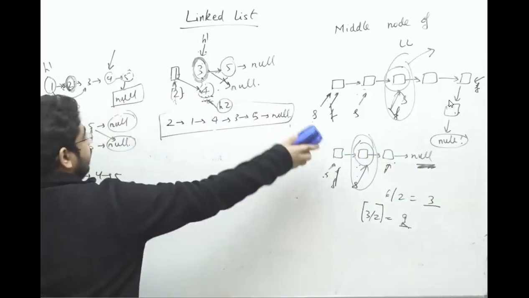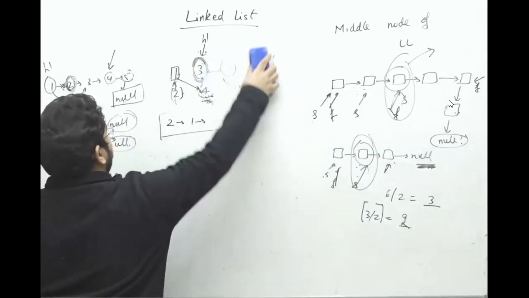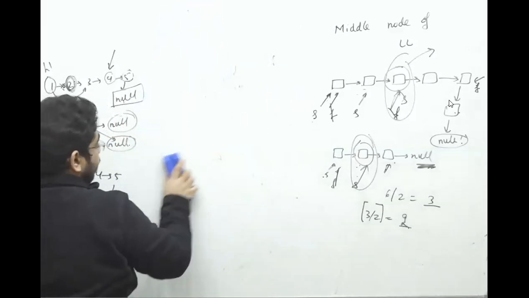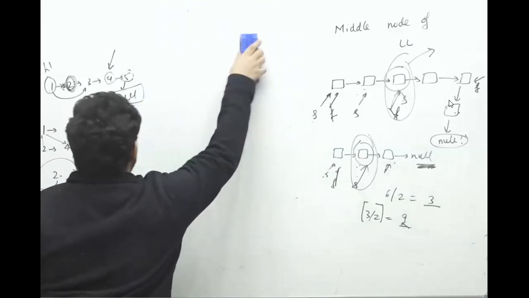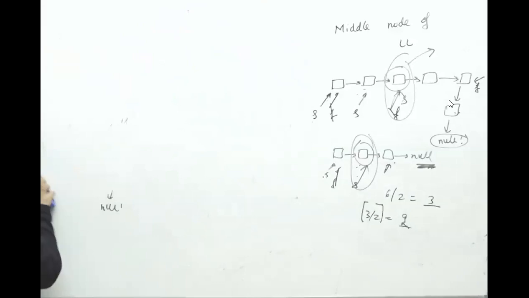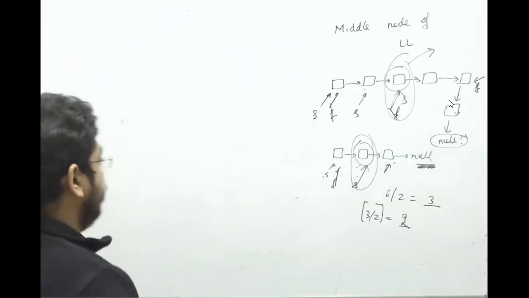What I'll do is, on the same approach, take up another tougher problem and we'll try to understand it from scratch. Which is detecting loop in a linked list.